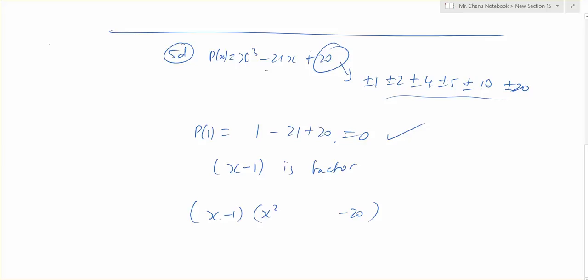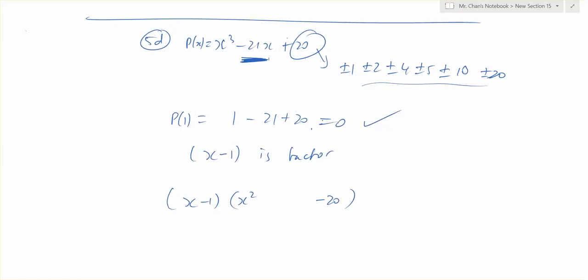Now, I need to find what contributes to the x term, and what our goal is. We want to get a negative 21x. So the contributor to the x term is the negative 20x, because x times negative 20 is negative 20x. So far I've got negative 20x.